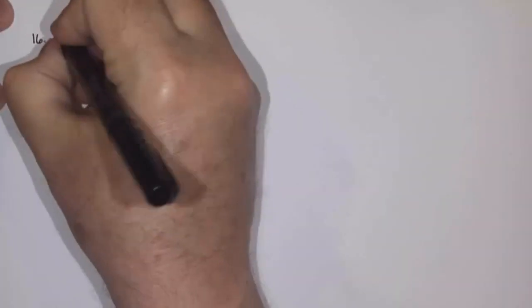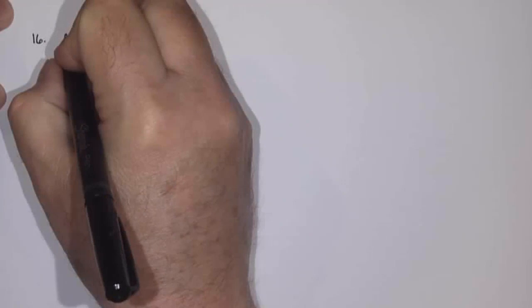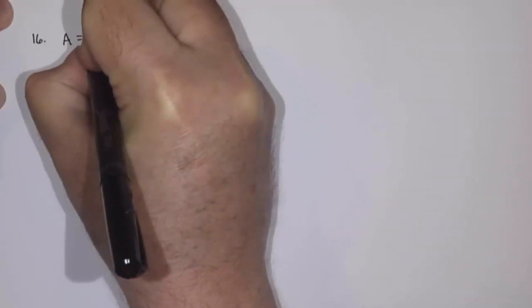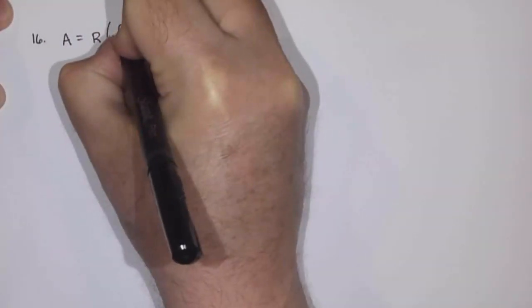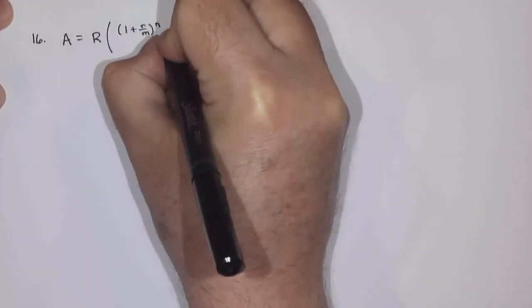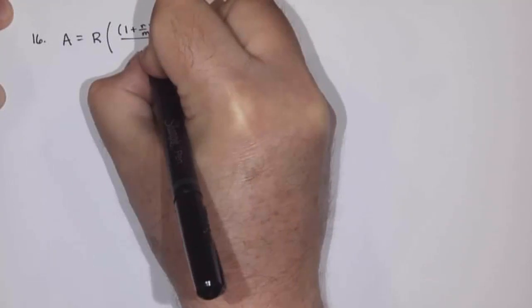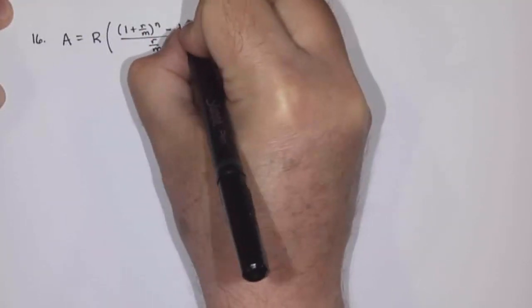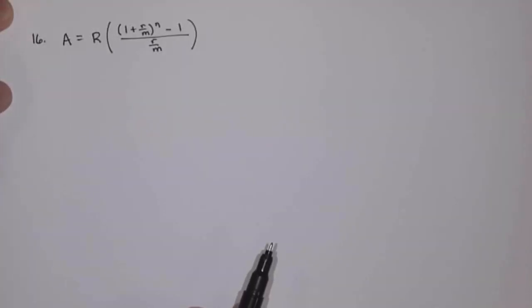So this is an ordinary annuity problem. So we're going to use our ordinary annuity formula. A equals R times the quantity 1 plus r over M raised to the n power minus 1 over r over M. So we're going to use this formula to do our calculation.